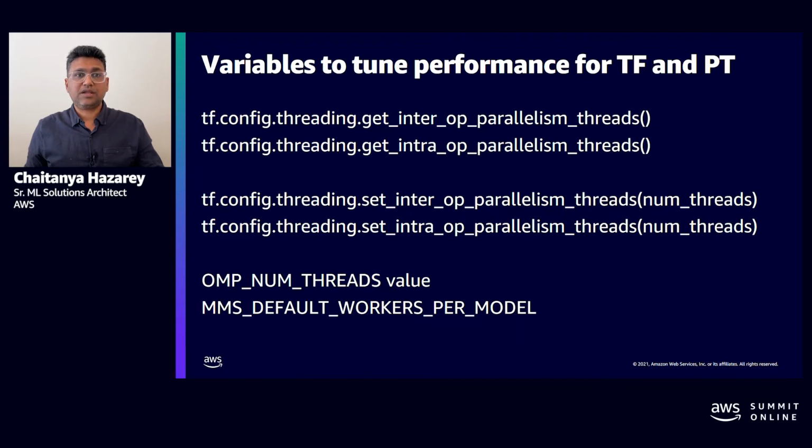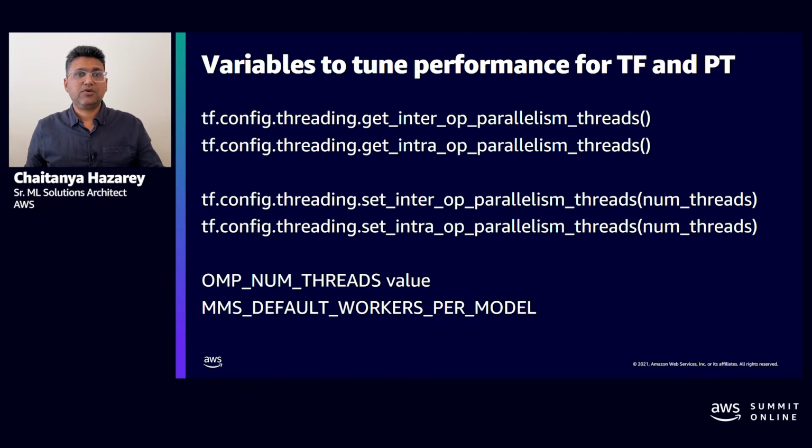OMP num threads to 1 and workers to 16 gives us 3.5 TPS. But OMP num threads to 8 and workers to 16 gives us 15 TPS. Similarly, in our experiments with TensorFlow op variables, we found that for certain models, setting interop to 1 and intraop to 4 gave us the best results.